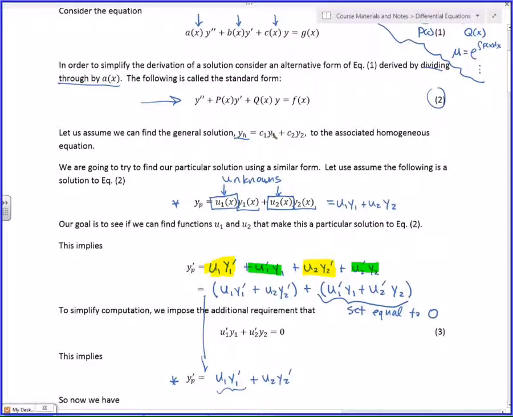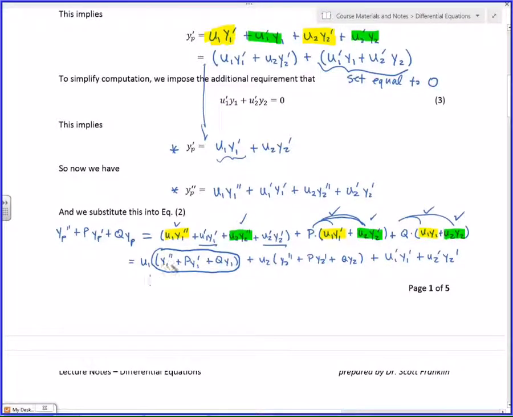To say y1 is part of the general solution to the homogeneous version of this means that if I were to plug y1 in here, and plug y1 here, I get 0. That's exactly what this is. y1 double prime plus p y1 prime plus q y1, that's 0, since y1 and, of course, y2 solve the homogeneous version of equation 2.